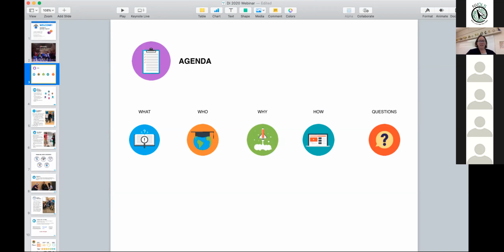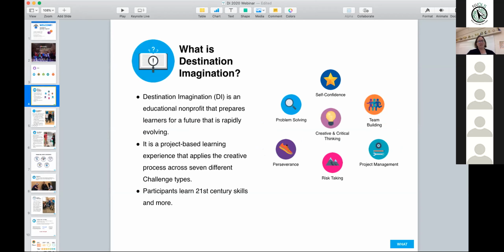Okay, so that's the agenda. What actually is this thing we call Destination Imagination? So in PLP, we start the Destination Imagination process, even though the students don't necessarily know it, really from the first day of school. Because the entire thing is about project-based learning, and that really is the basis of PLP.